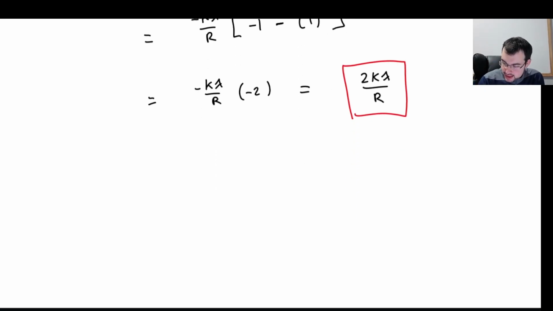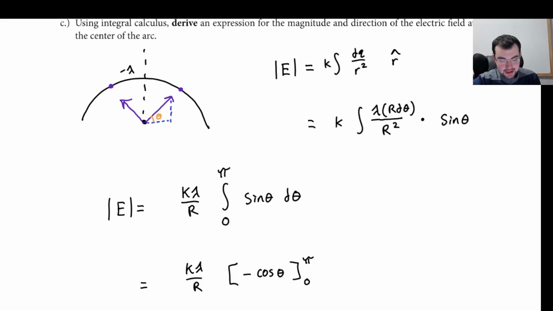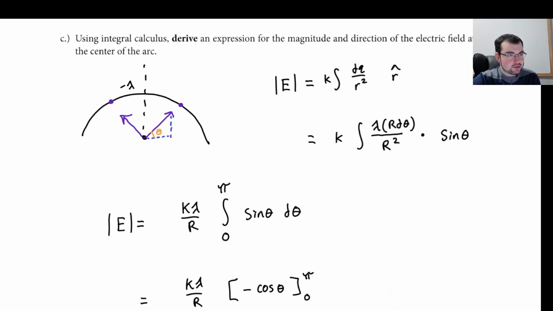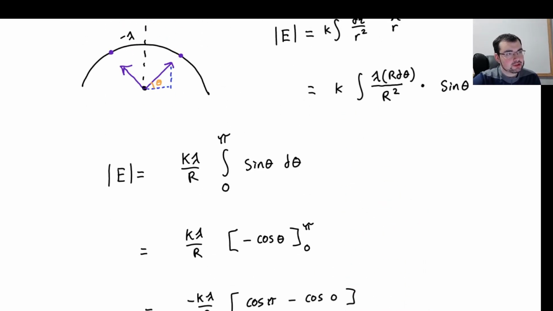And we wanted the direction also. So realize that all of these components, since these are all sinks because it's a negative charge, it's going to be some sort of upwards pull that doesn't get canceled and a left-right pull that does get canceled. So this field is upwards. And we can't use the calculus relationship to easily get this E field because this field expression and symmetry isn't valid everywhere.